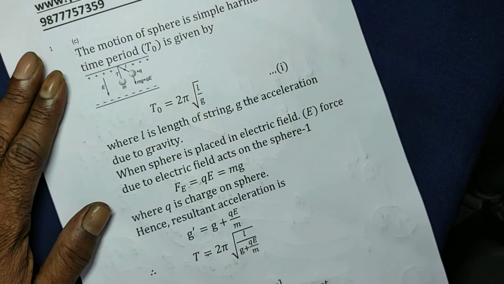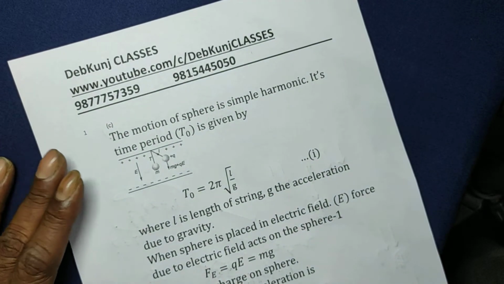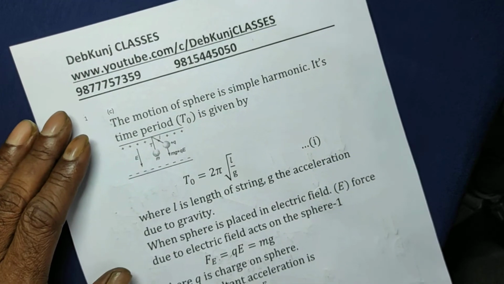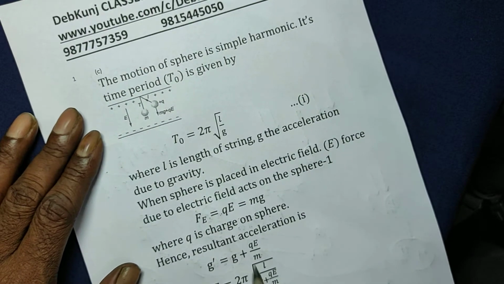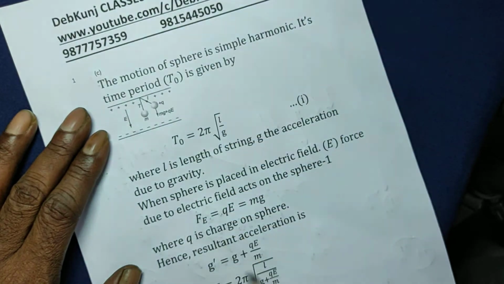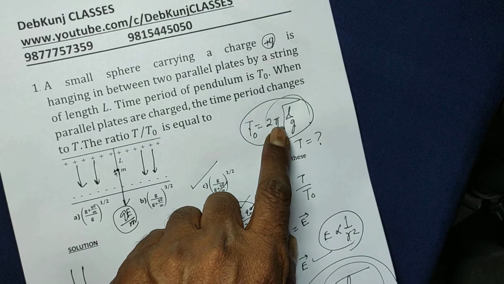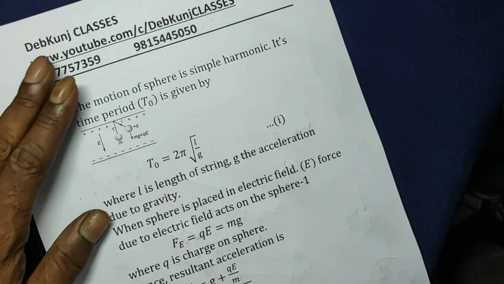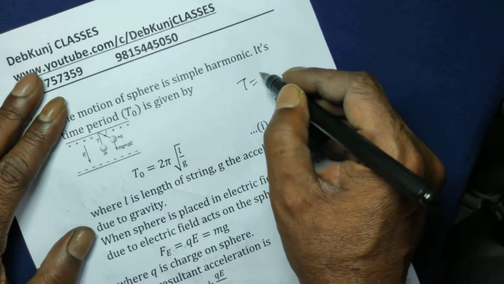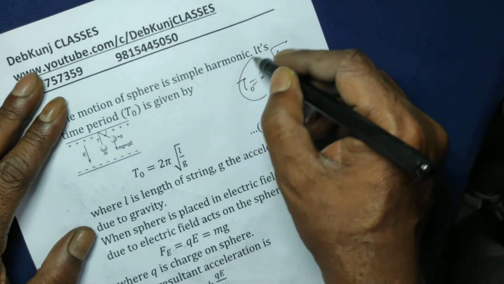Now the same thing I have explained here in a typed form. It will be convenient for you to write down. Let me once again explain it. Before the two plates were charged, the time period was T naught, equal to 2 pi L over G under the square root.